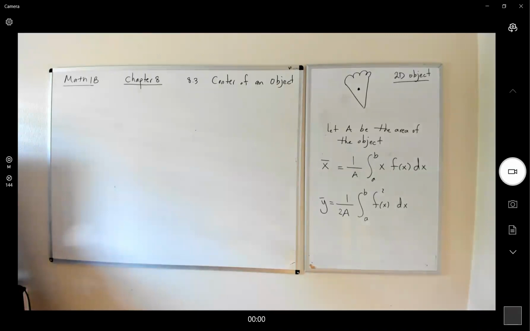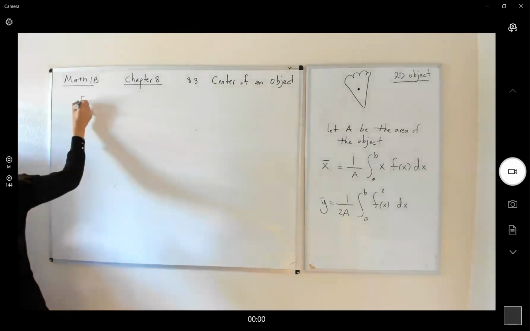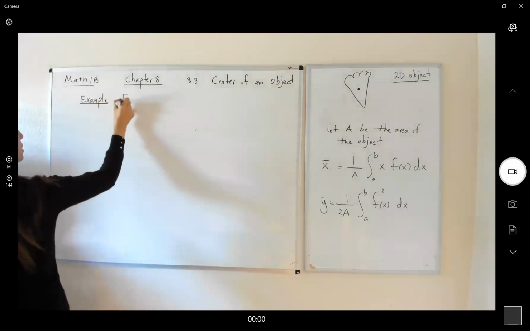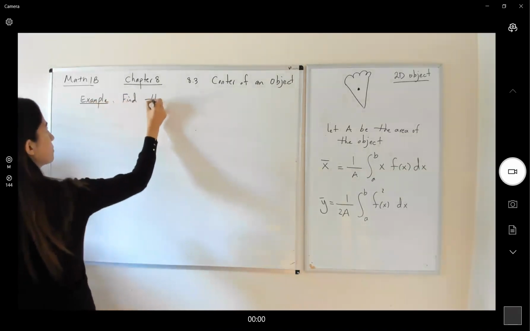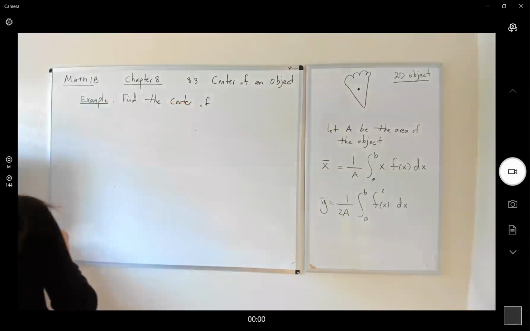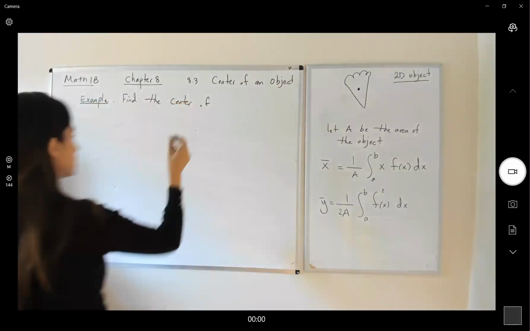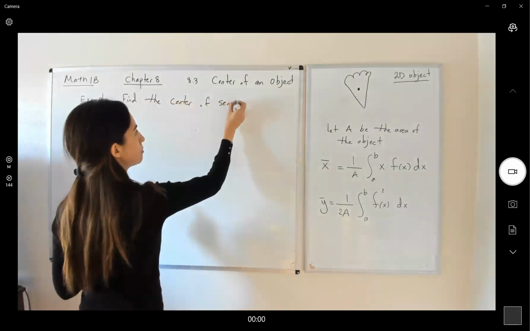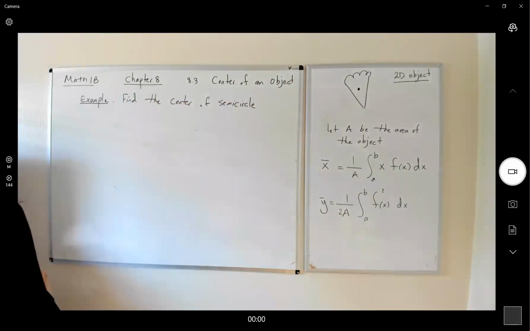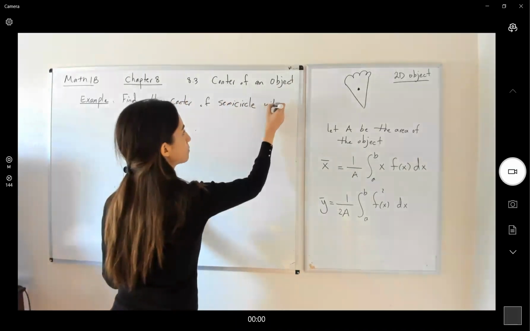For example, the question says, find the center of mass of a semicircle with radius r.